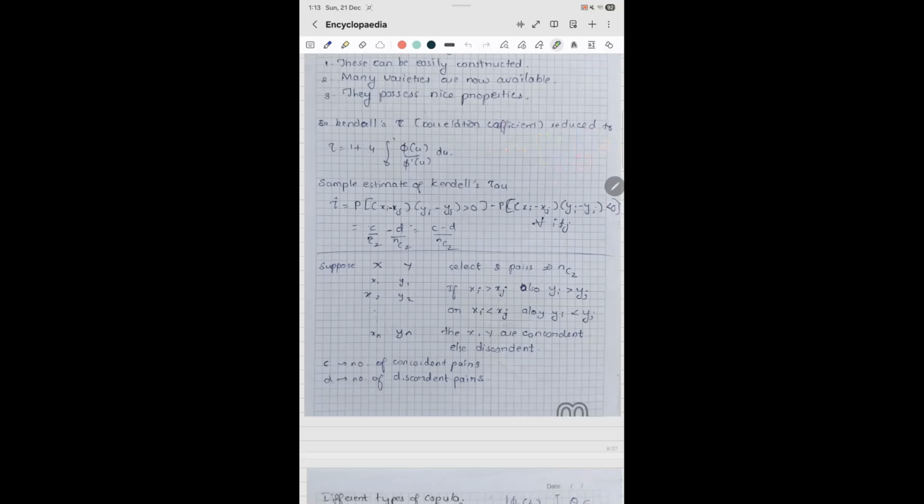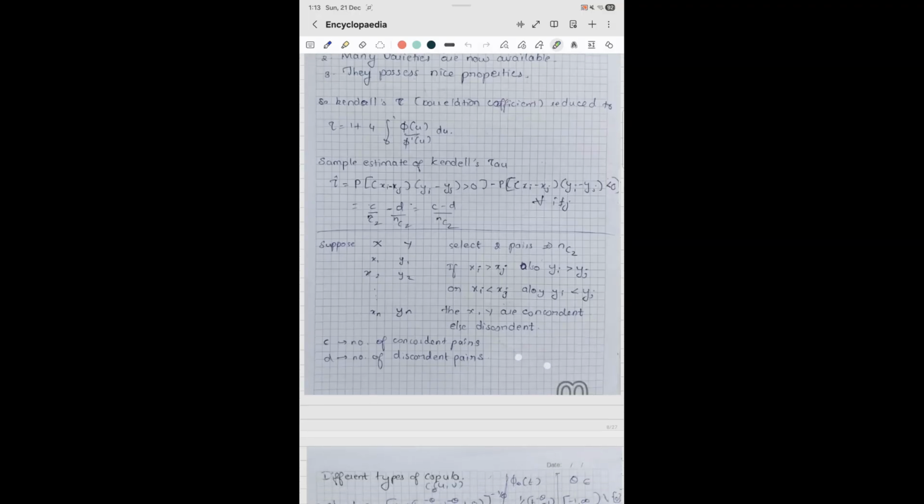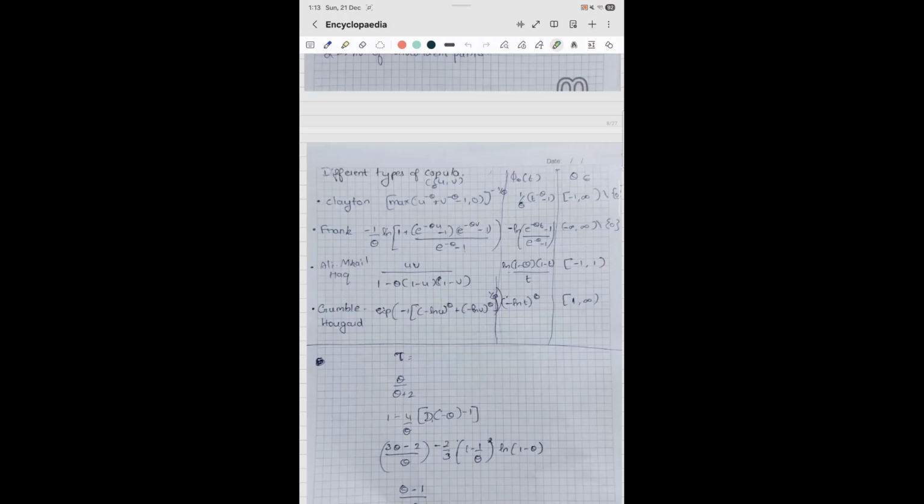This simplifies our overall calculations, and we end up with different types of Copula: Clayton, Frank, Gumbel, and Gaussian. These are the types of Copula, along with their Copula value, phi value, theta value, and their Kendall's tau value.